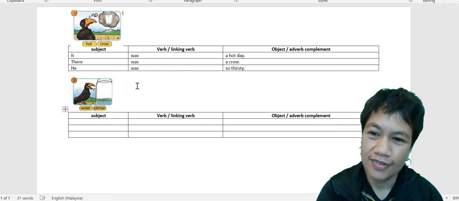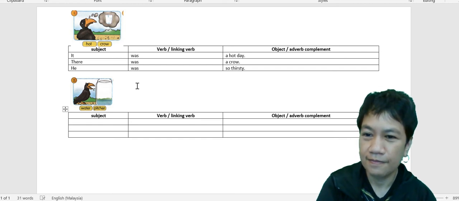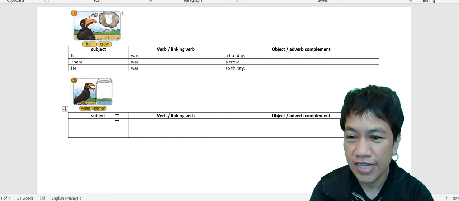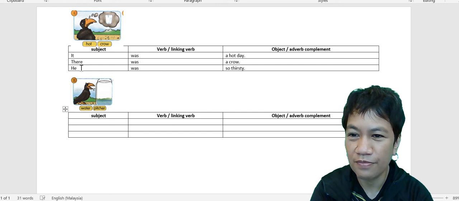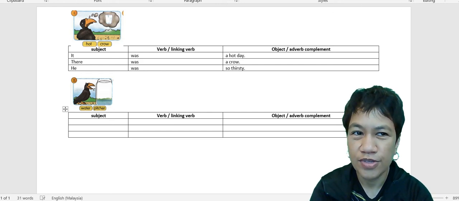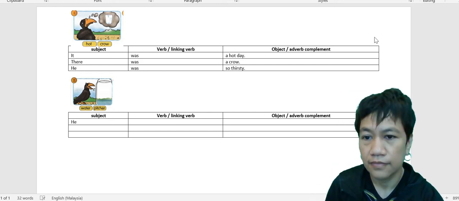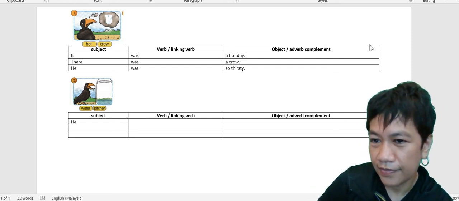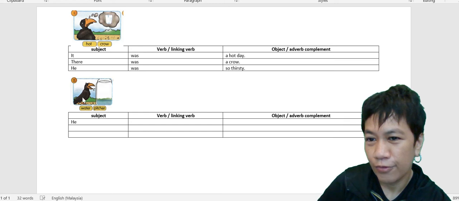So we can use, okay, the crowd. So, he was. We can use he because in the textbook they also use he to describe the crowd. So we use he. Okay, so for the first subject, he. We use he to refer to the crowd.